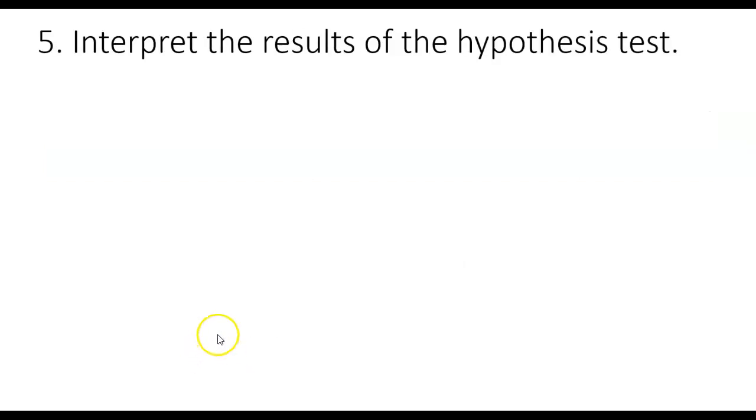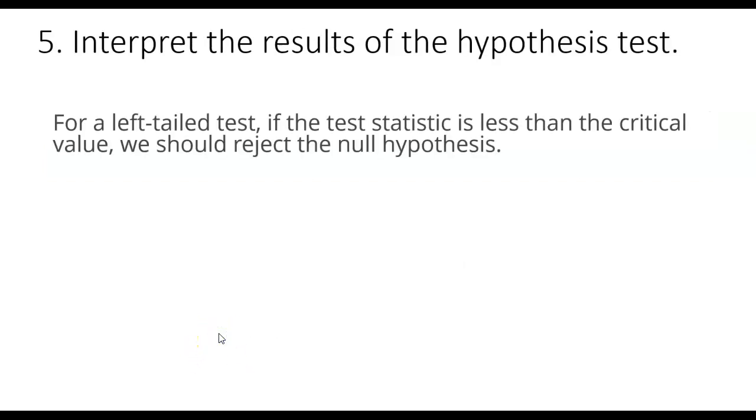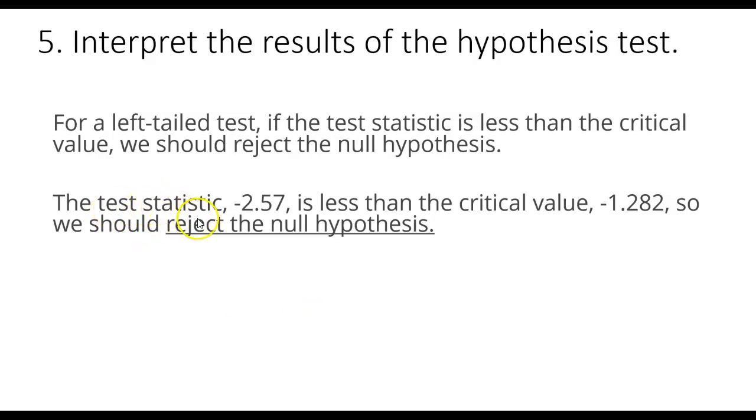Now we can compare. We want to compare the test statistic to the critical value. And for a left-tailed test, if the test statistic is less than the critical value, we should reject the null hypothesis. So the test statistic of negative 2.57 is less than the critical value of negative 1.282, so we will reject the null hypothesis.